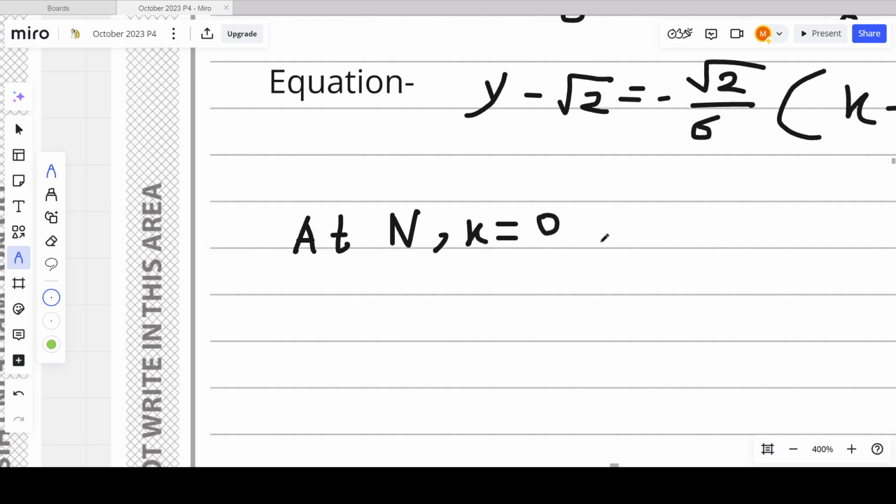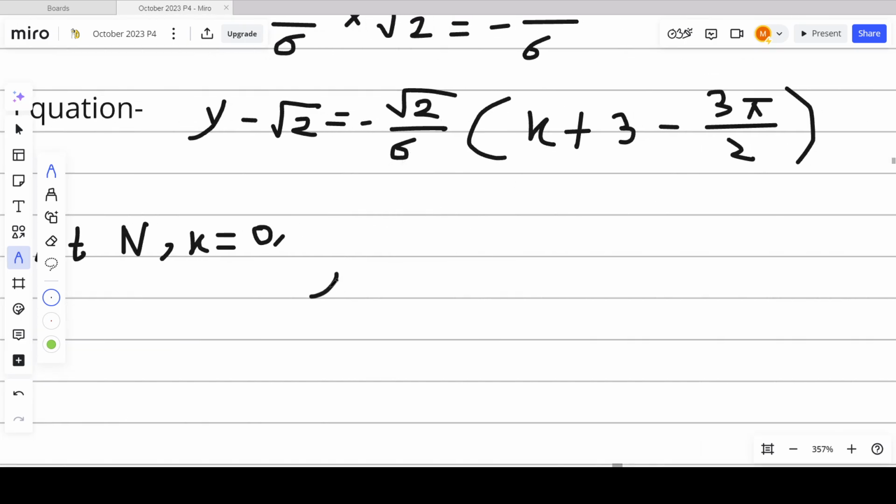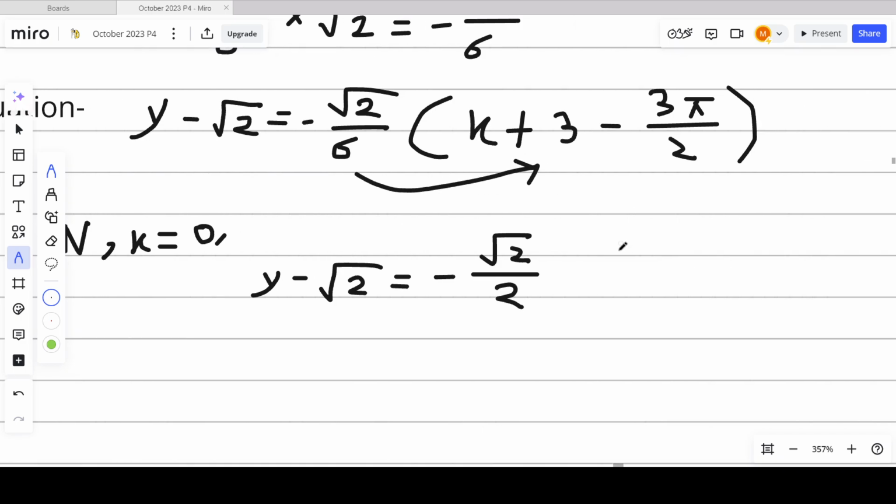So if x equals 0, then y minus square root of 2 equals negative square root 2 over 6 times the bracket, multiplied with 3 and then plus 3 pi over 2.